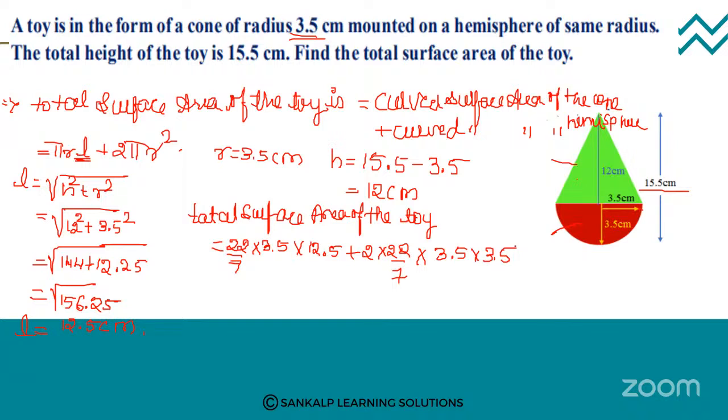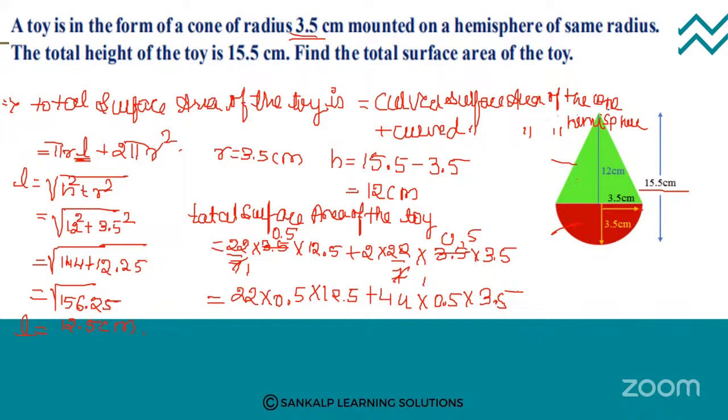Okay. Now, here 7 is there, here 3.5 is there. So 7 5s are 35. So 7 1s are 7, so it is 0.5. Here also 7 1s are 7, 0.5. Right? Next, 22 into 0.5 into 12.5 plus 44. That is 22 into 2 is 44. 44 into 0.5 into 3.5.